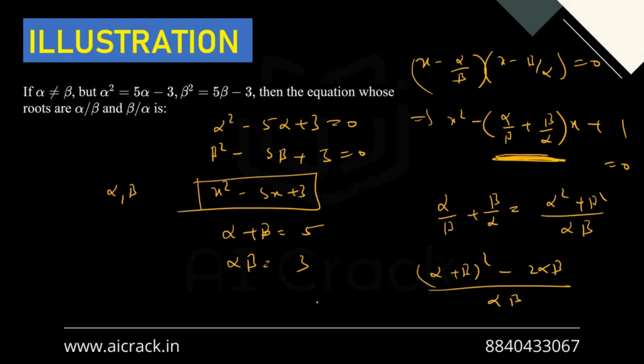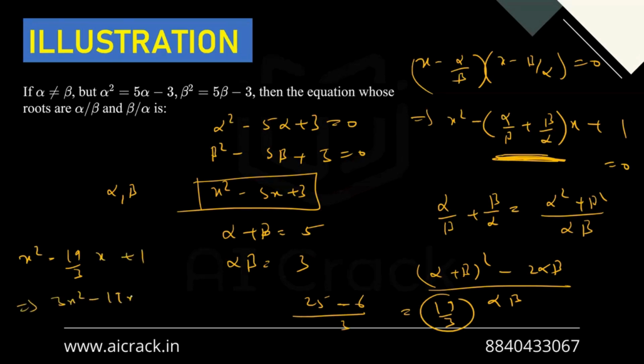Now alpha plus beta whole square is 25, minus 2 alpha beta is 6, divided by alpha beta is 3. So this comes out to be 19 by 3. So what we have got over here, x square minus 19 by 3 x plus 1. Let's take the LCM. We'll be getting 3x square minus 19x plus 3 equals to 0. So this is the final equation, right?